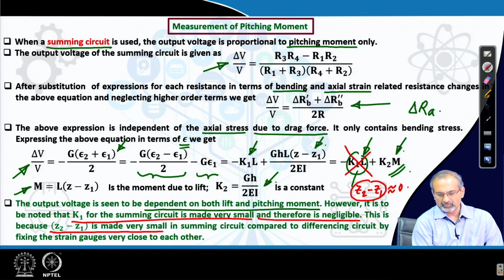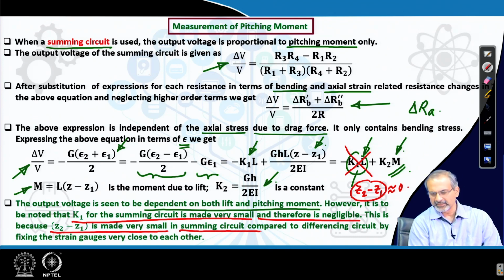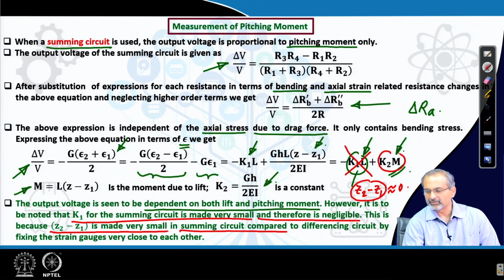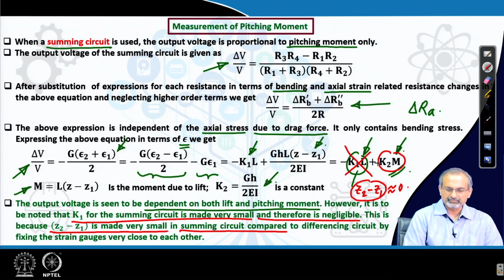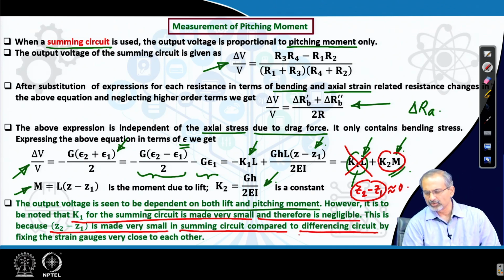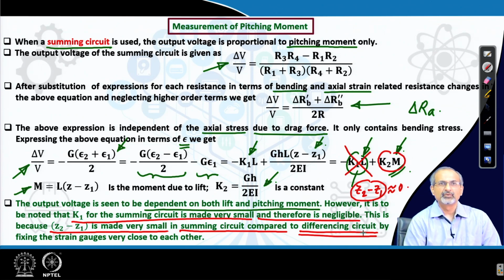So, this becomes small and the summing circuit therefore becomes effective in calculation of the pitching moment. And in the differencing circuit, you remember, we took a completely different stance, we kept them far apart so that we could increase its sensitivity. So, the strategies that we are using are diametrically opposite.